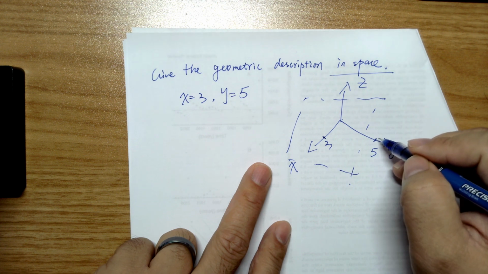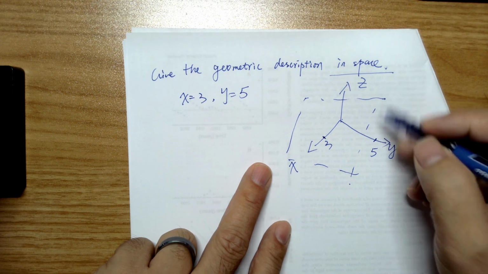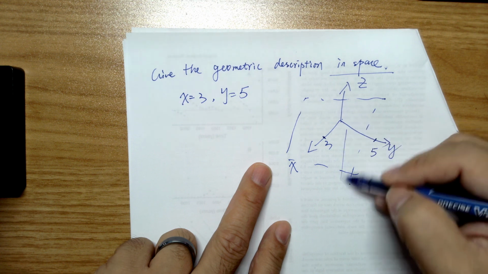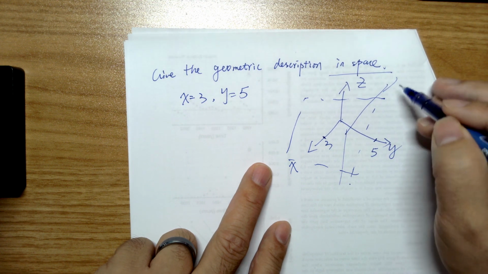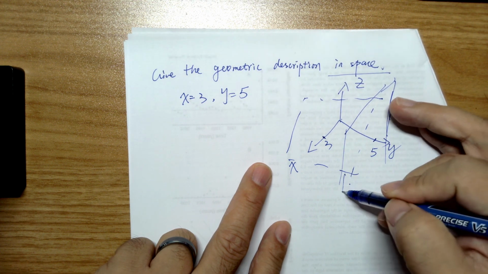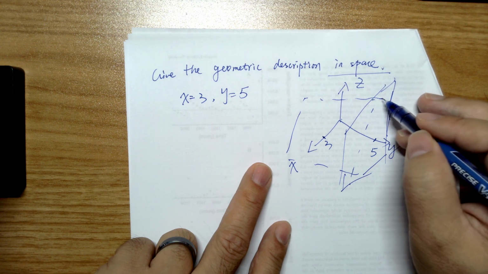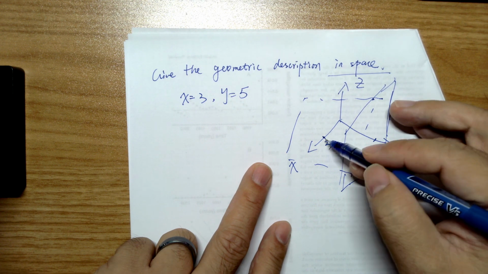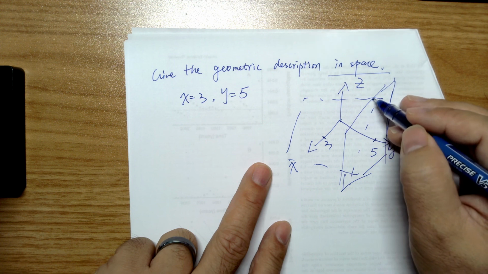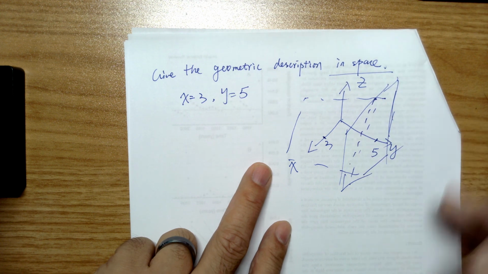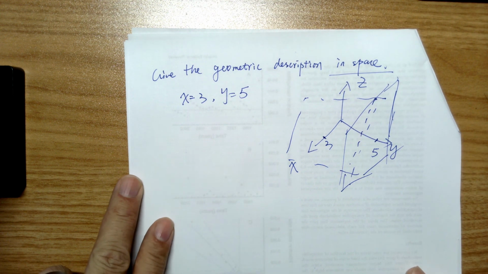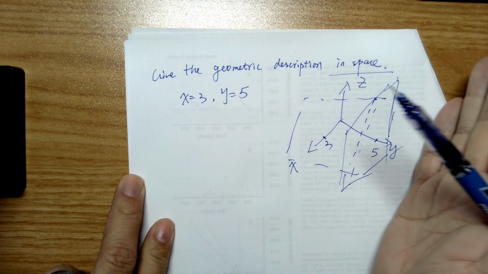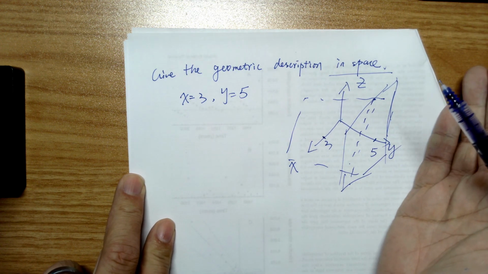And y equals 5, it's the same logic. So you're going to have another plane. You will see that when x equals 3 and y equals 5, those two planes are going to intersect.